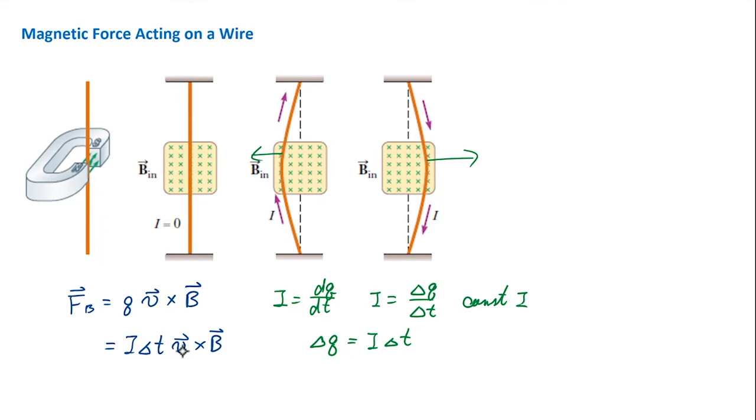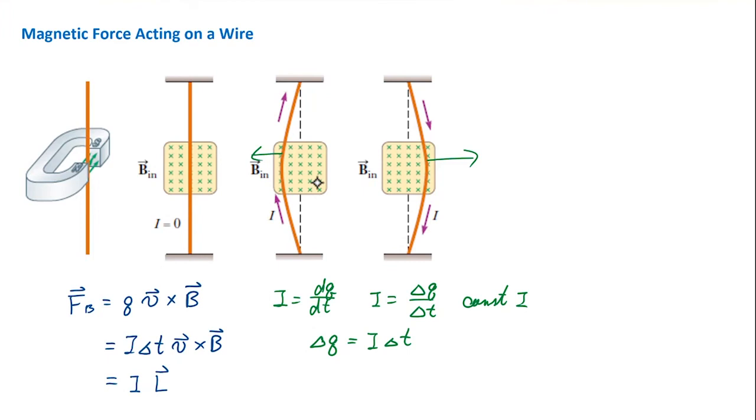Then what is velocity times time? Mechanics. A certain velocity, then you have the amount of time. Is that the displacement? Yes, it would be the displacement, delta x, and we'll just say this is L, the length.